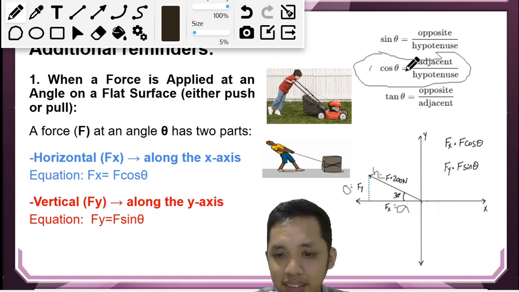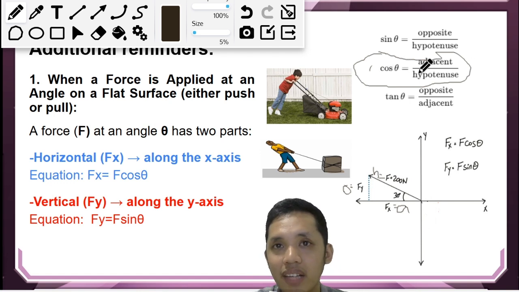Since cosine theta and hypotenuse are inversely proportional, we can place the hypotenuse on the other side by allowing them to be multiplied.